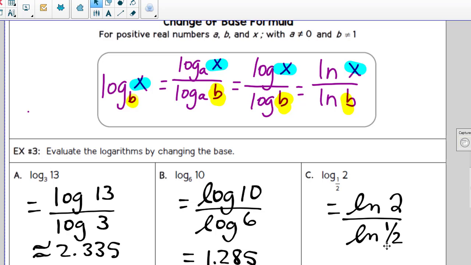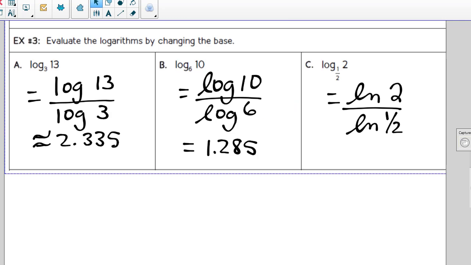Let's talk about this for just a second. Yes, we're going from 1/2 to 2. What do I raise 1/2 to get to 2? We got to do that. But also, let's look at this. Now that we got some new rules, we got natural log of 2 over natural log of 1/2. Let's see how this is going to work out.